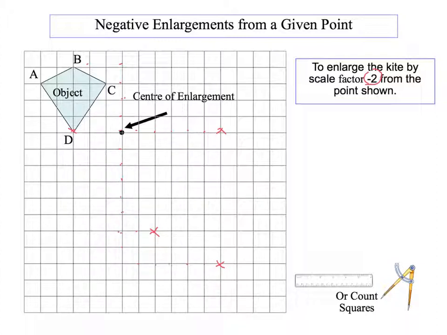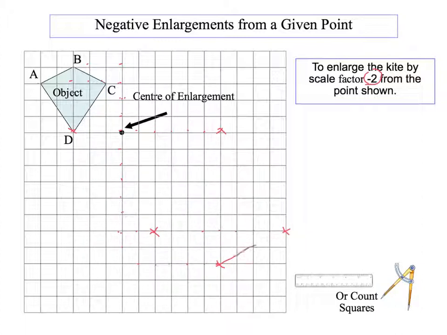Let's try again. To A, we want to go 3 up, 5 to the left. So we want to go 6 down, and 10 to the right. There we are.